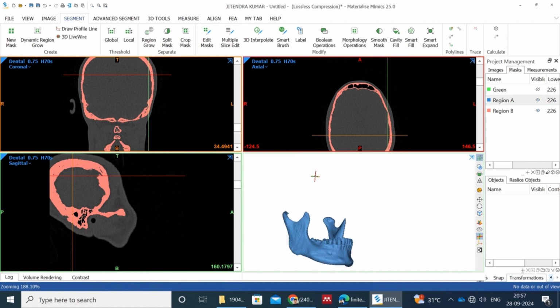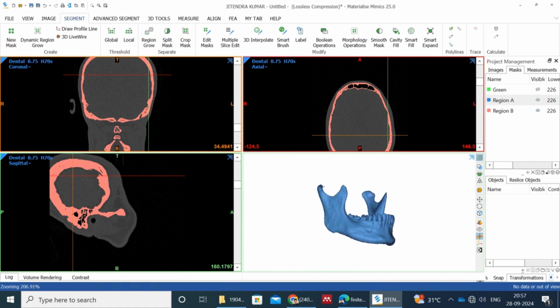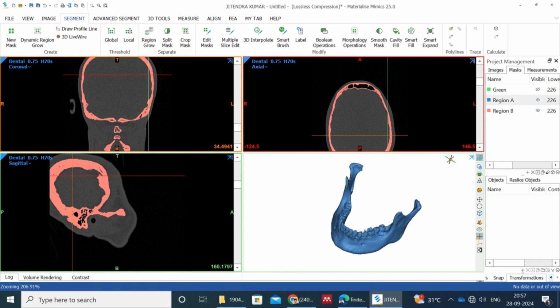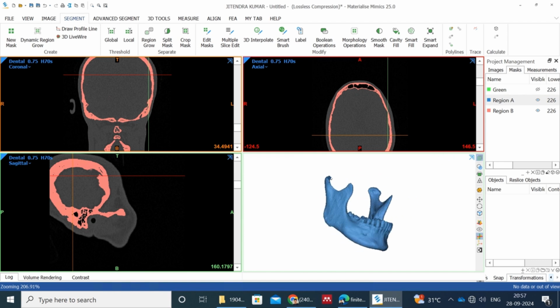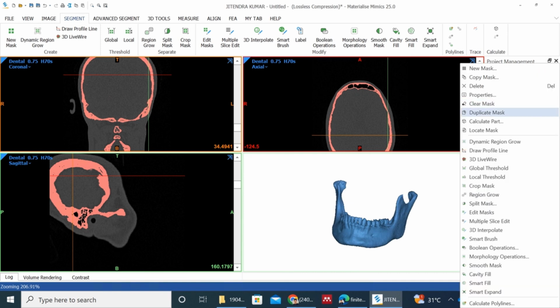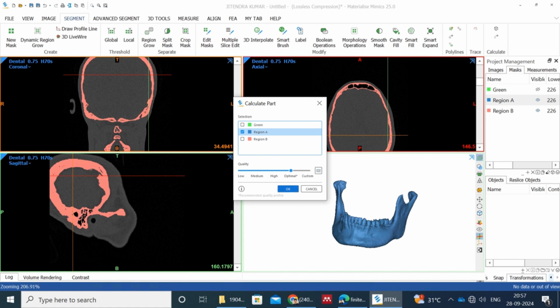This is the mandible. We have separated the mandible from the skull, and now we can click on calculate part.